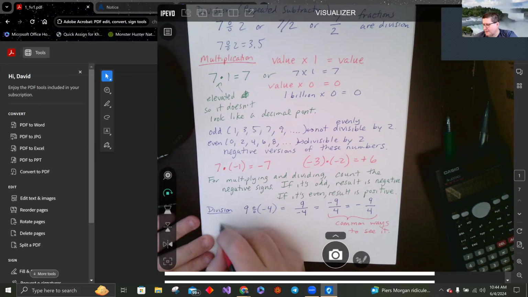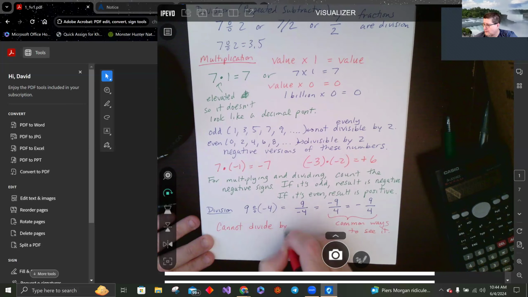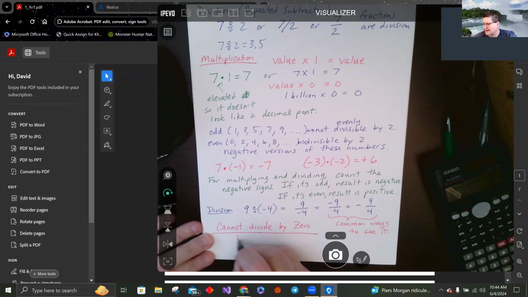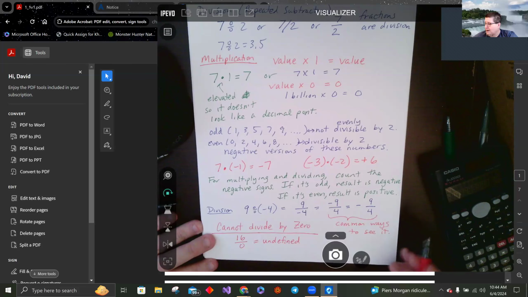You cannot divide by 0. I try to put a little horizontal bar through my zeros so they don't look like 2's. 16 divided by 0 is undefined. And it has to do with that repeated subtraction thing. 8 divided by 2 is how many times can I subtract 2 until I'm down to 0?